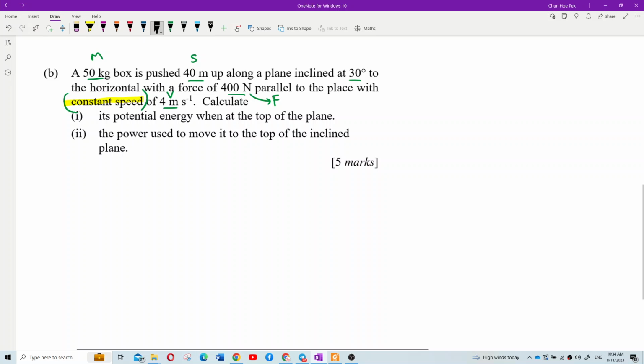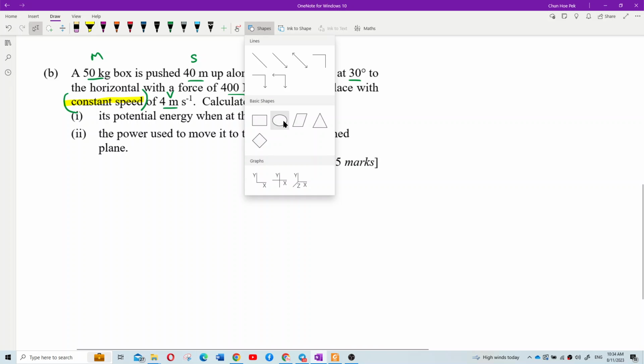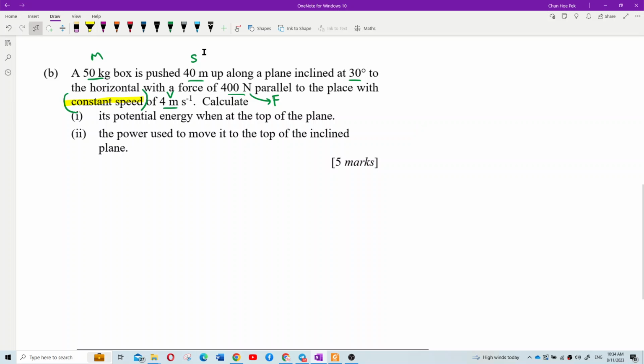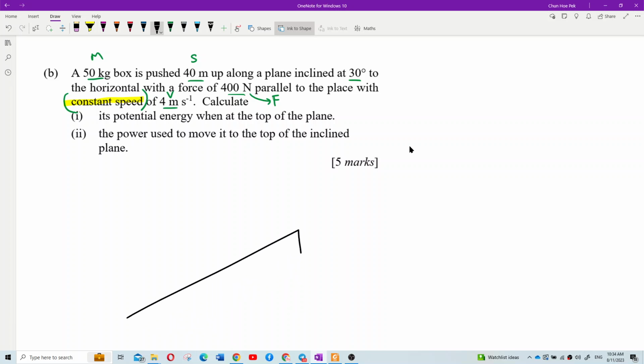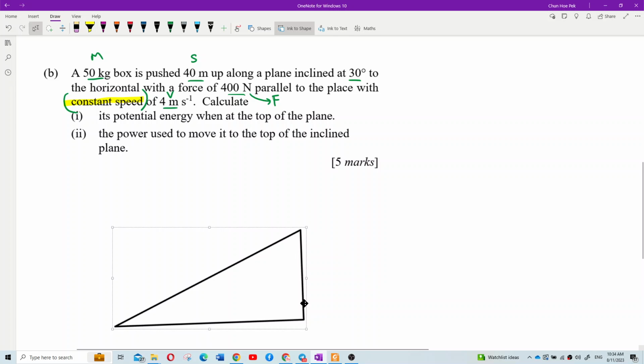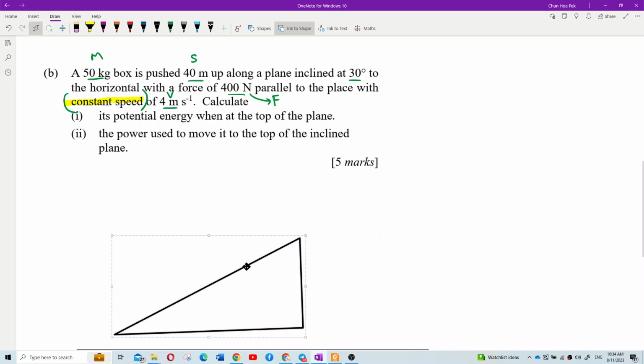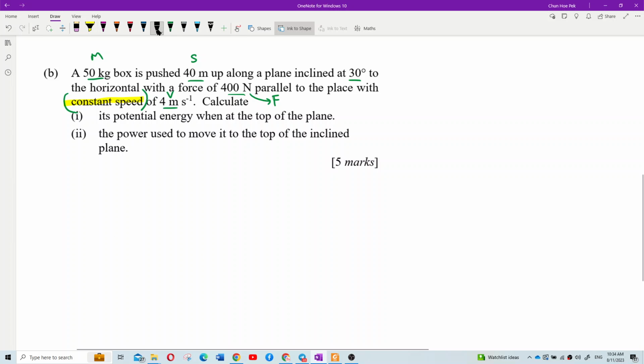Draw the diagram first. Push, plane, incline. This is an inclined plane, class. We have a triangle here. Hey, I cannot rotate, class. Okay, wait.